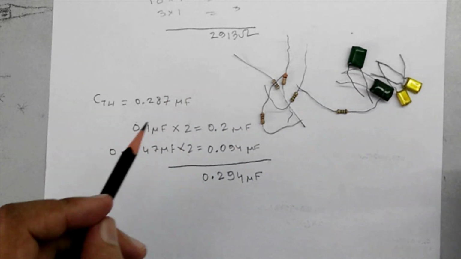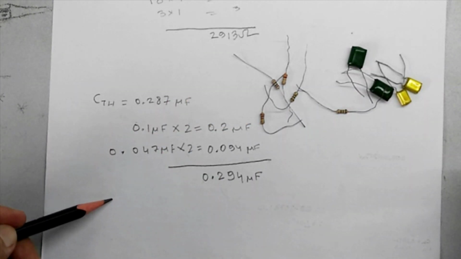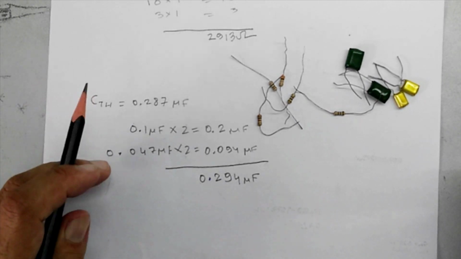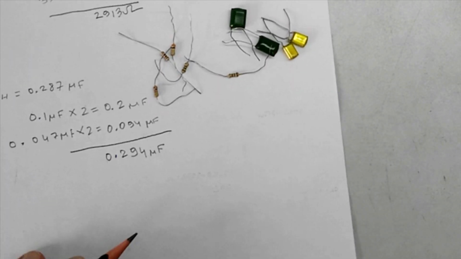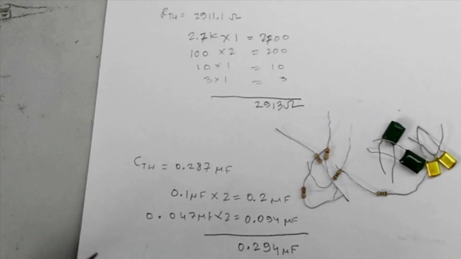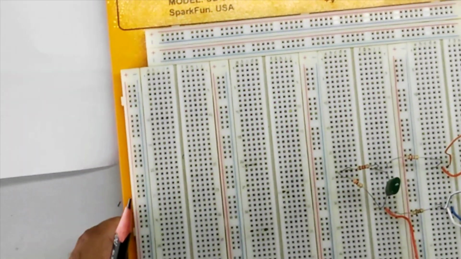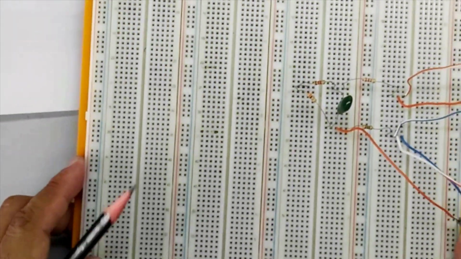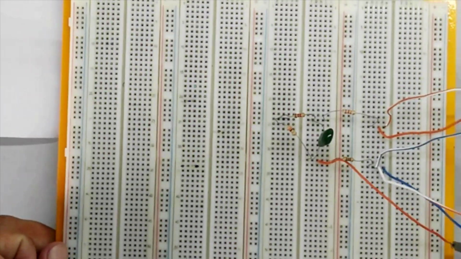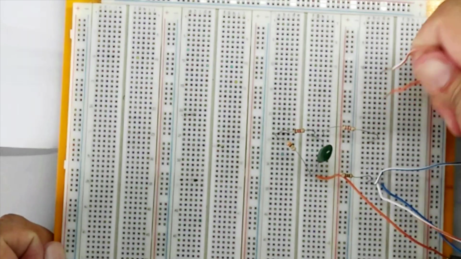For capacitance, we have to place the capacitors in parallel. By placing the capacitors in parallel, we will be adding the values. So let's construct our circuit. At this point, we should remove all of our previous connections.